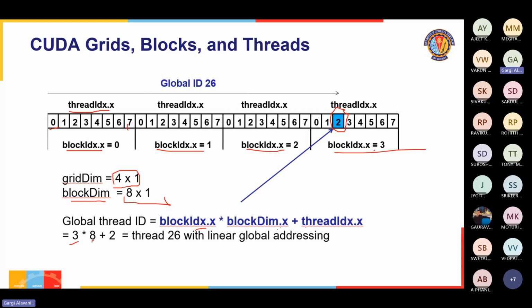And within this block, what is the thread index? In this case, it is 2. So with this, we calculate that 26 is the global ID for this thread in this particular example. Is this clear? Any doubts here?